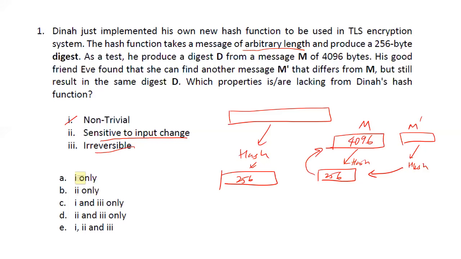For 2, we don't have enough information, and there is also no information of whether we can go back to the message from the hash. So 2 and 3 we cannot say from the information given. So only 1 is what we can conclude from the current hash function that we have. That is how we are able to narrow down and say that it is 1 over here.